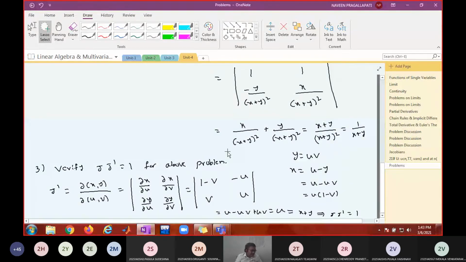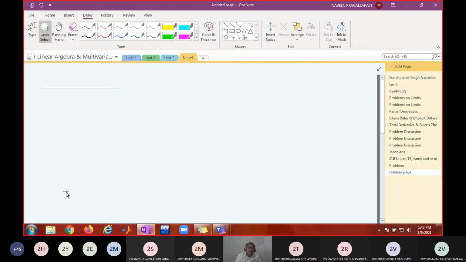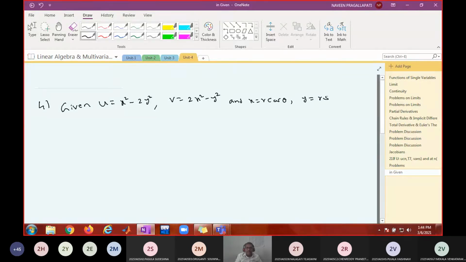Now take this problem. Fourth one. It is given that u equal to x square minus 2y square, v equal to 2x square minus y square, and x equal to r cos theta, y equal to r sin theta.